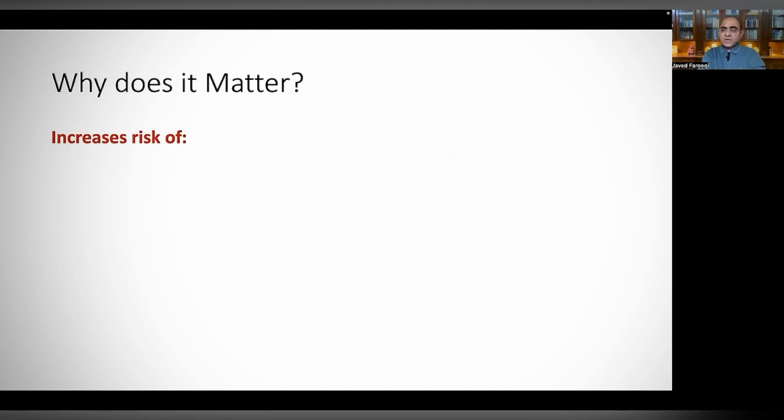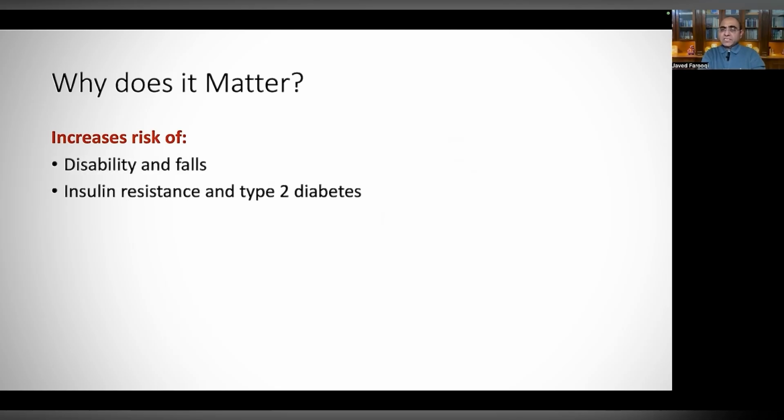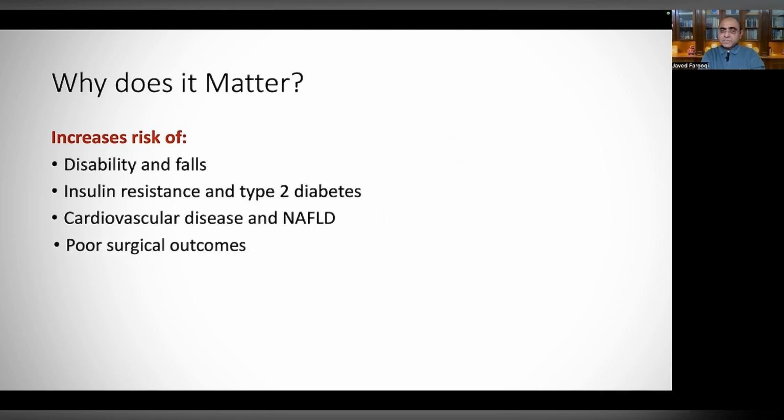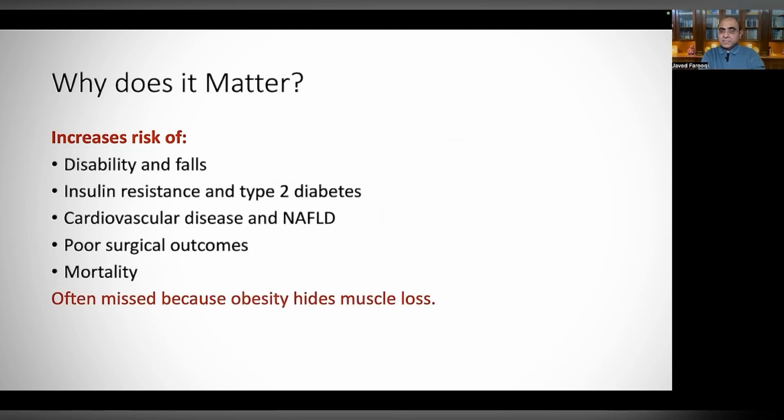It is associated with increased risk of disability and falls, insulin resistance and type 2 diabetes, cardiovascular disease and NAFLD. Nowadays it is called MAFLD or MASLD. Poor surgical outcomes, increased mortality, and it is often missed because obesity hides muscle loss.